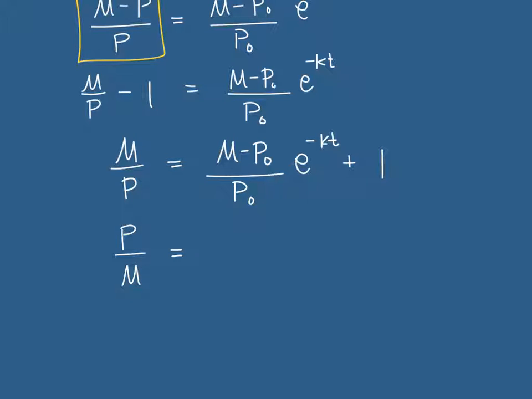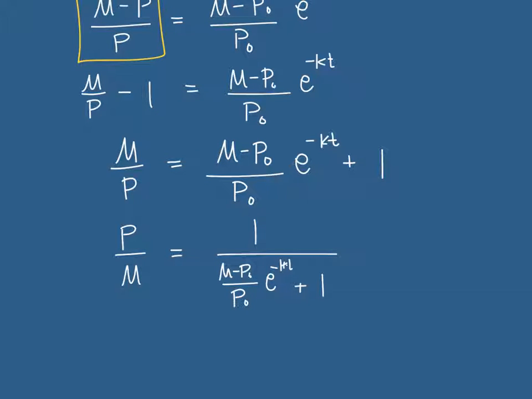Right? In reciprocals, if it's an addition, you can't just take the reciprocal of each addition piece. You got to do 1 over. That would accomplish the exact same thing. Yep. We'll end up with the exact same thing, e to the negative kt plus 1.